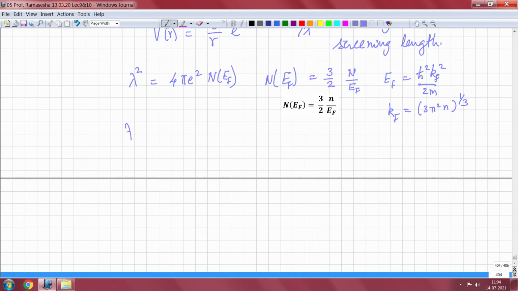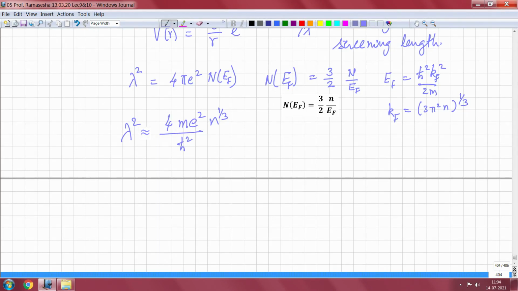So, lambda squared will be given by 4 pi n e squared times n to the power 1/3 divided by h cross squared. Okay, so now let me be careful, this is not 4 pi, there is no pi. It is 4 m e squared n to the power 1/3 divided by h cross squared.